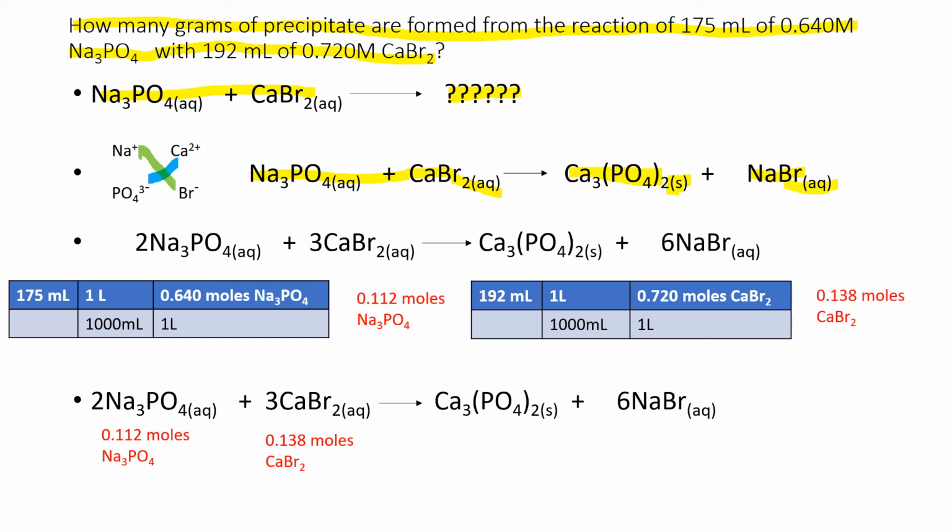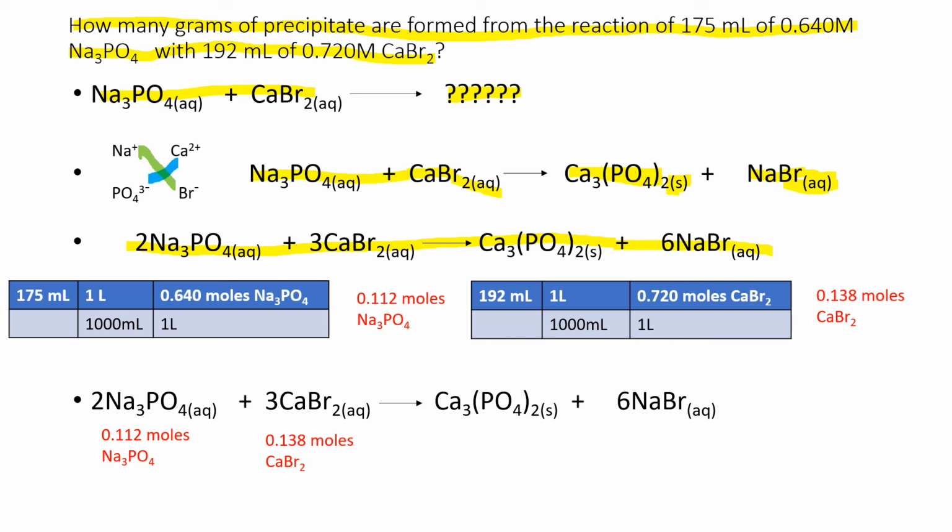Sodium bromide is going to be our soluble one, using those solubility rules from the solubility chart. So now that we have the correct products, we would then have to balance this equation. So that was our next step. And again, we're not showing the details of this. This is something we should be at a stage of being able to do pretty well, but our balance coefficients will now look like this.